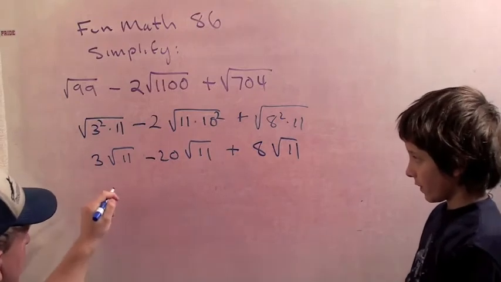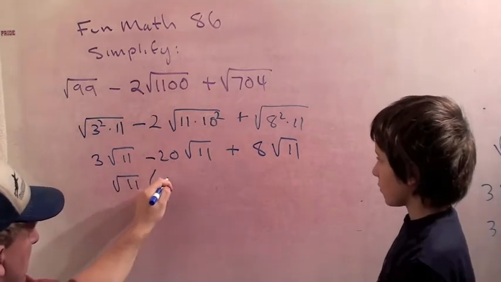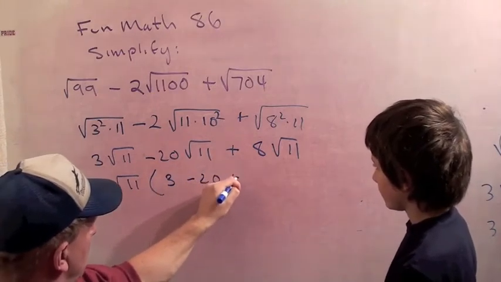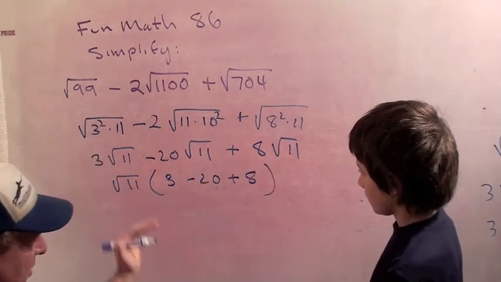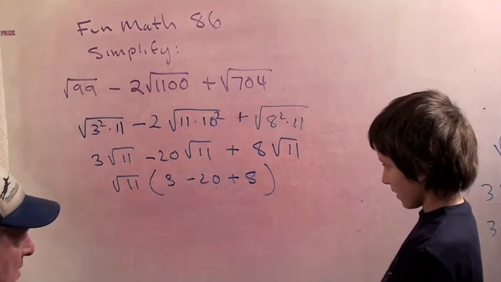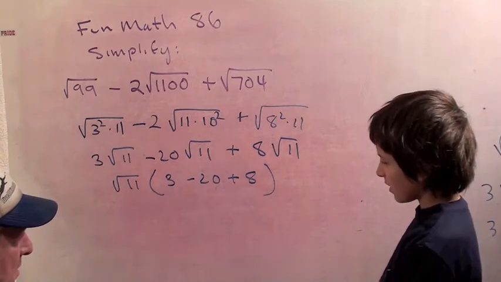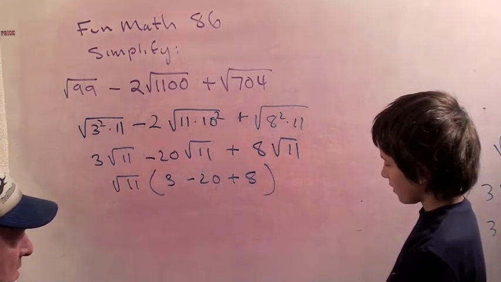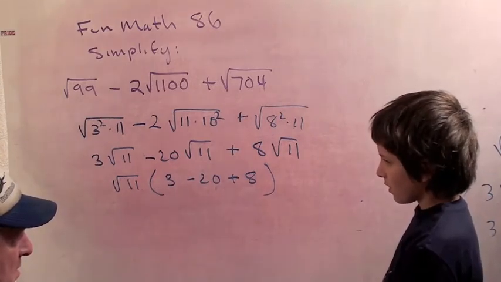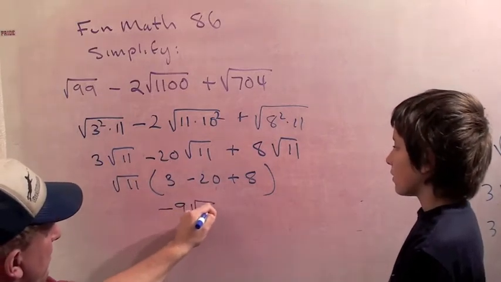The square root of 11. So this is the square root of 11 times 3 minus 20 plus 8. What is 3 minus 20 plus 8? It's minus 17 plus 8, which is minus 9. So minus 9 times the square root of 11.